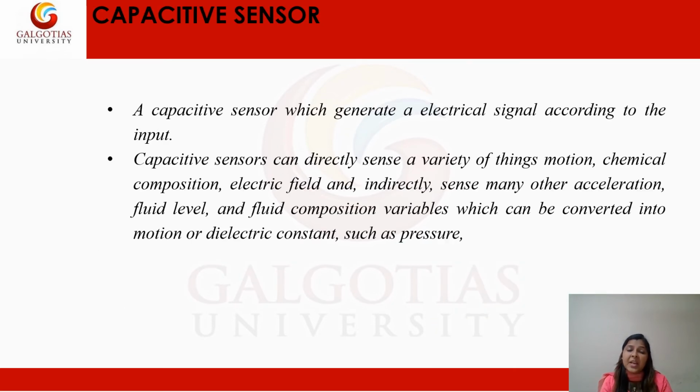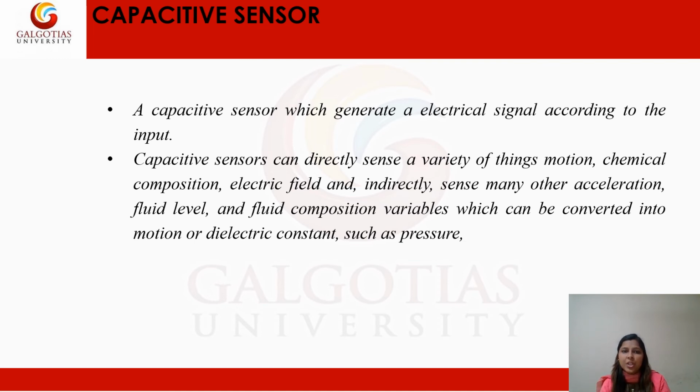Next one is the capacitive sensor. These sensors generate an electrical signal according to the input given to them. They can directly sense a variety of things, such as motion, chemical changes and electric field, and many other quantities such as acceleration or pressure, which can be converted into motion or an electric constant.